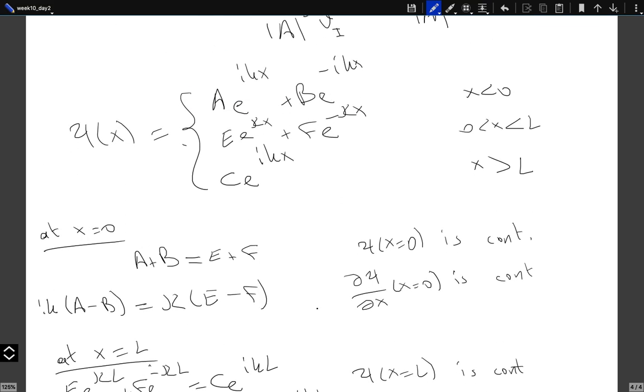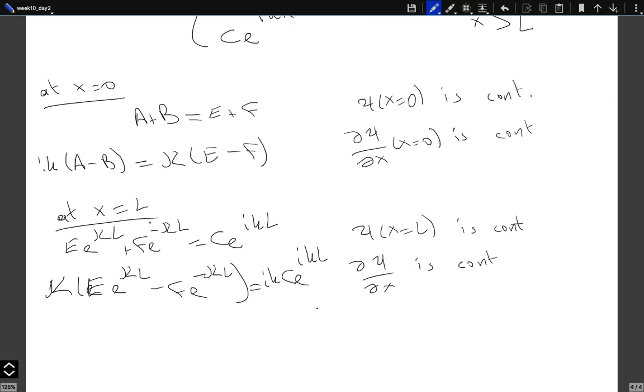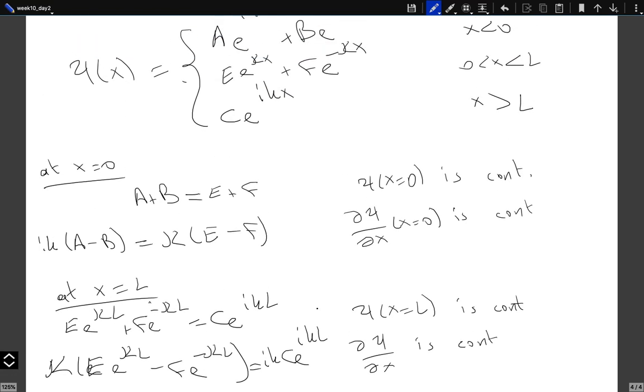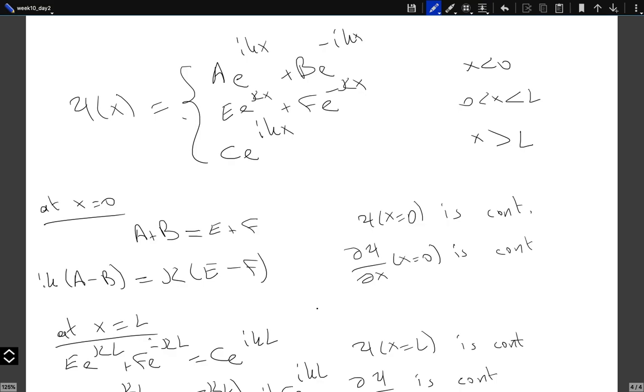I will not solve them. But you see, we have 5 unknowns, A, B, E, F, and C, and just 4 equations. Well, normalization will be different. But you see, here we don't really need to solve for A, B, etc., all of them.